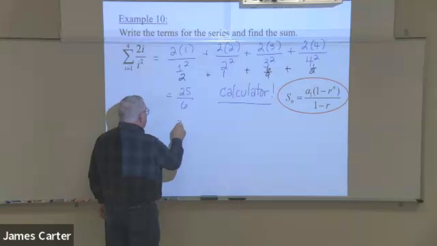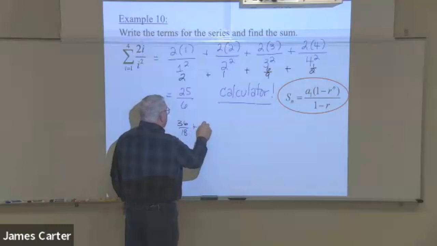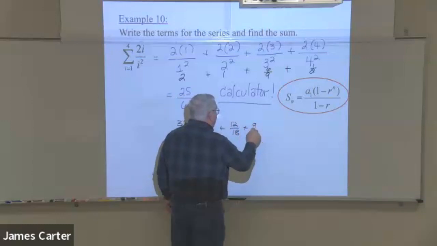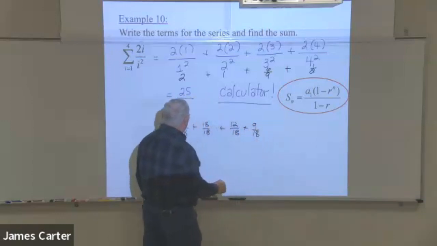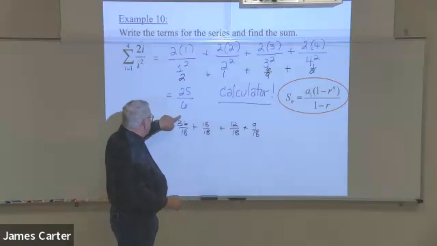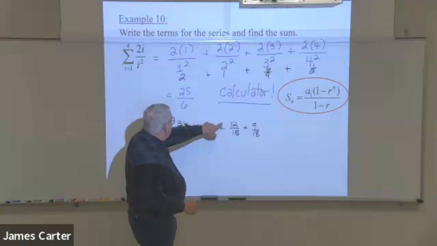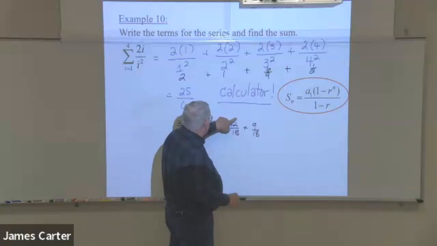So this would be 36 over 18, plus 18 over 18, plus 12 over 18, plus 9 over 18. Okay, 36, 46, 54, 64, 66, 75.